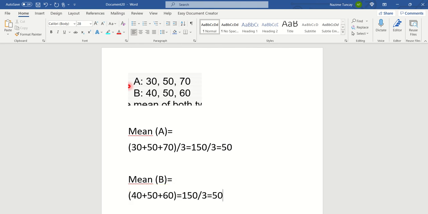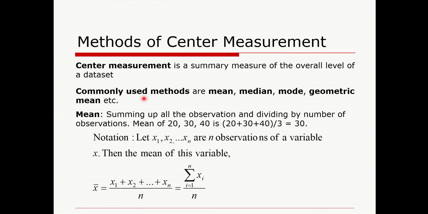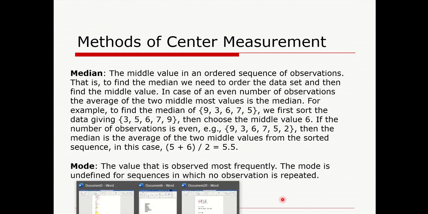All right, so now we are in PowerPoint. Okay, continue. Yes, this is how we find the mean. Median, we learned it. So what is the median of these distributions?